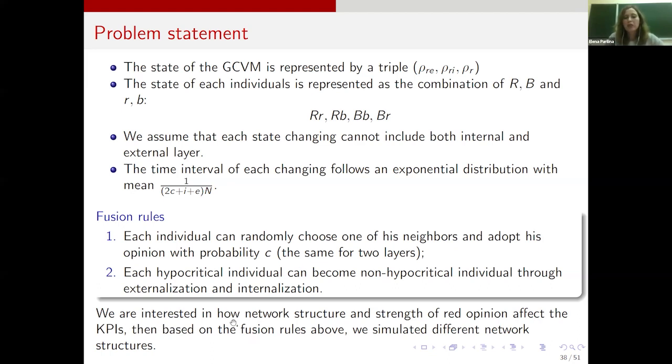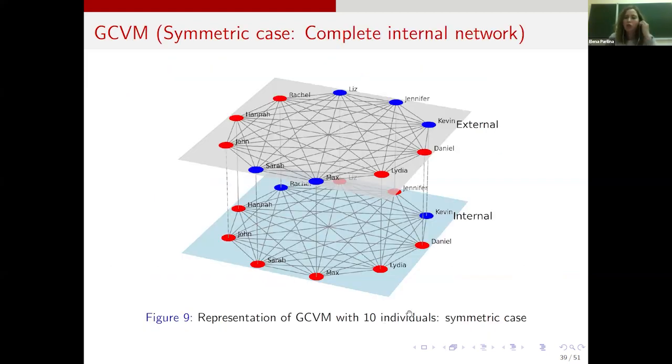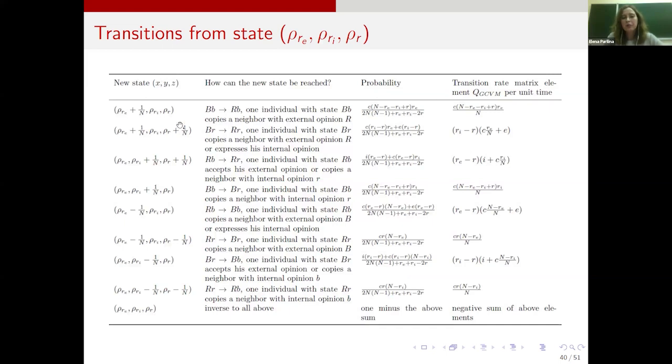And we are interested in our research in how network structure and strengths of red opinion affect the KPIs. Now I will show one network structure with two layers. So for example, complete internal and external layers, we have this graph. We can define the probabilities of transition from this state to all possible new states.